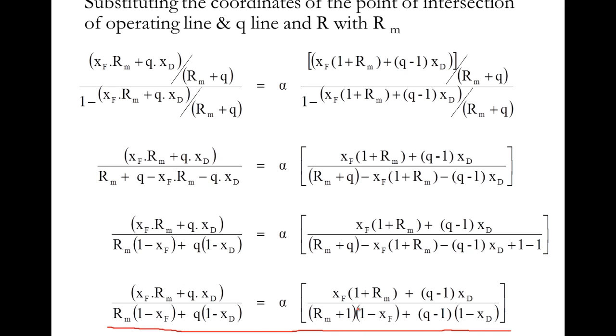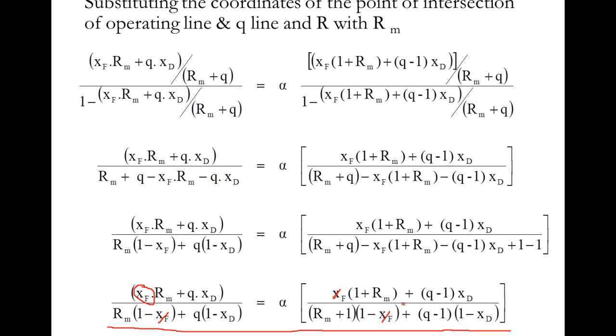Now there's no need to remember this equation, but one should know how to obtain it, the method that was used to obtain this relationship. Why? Now look here. What are the things in here? There's xf, right? So xf is something that we know, because it is the concentration of our feed.